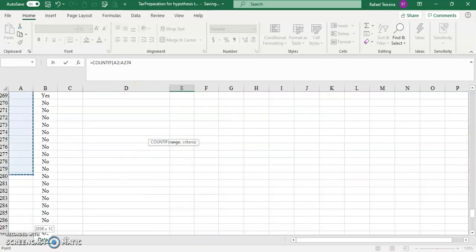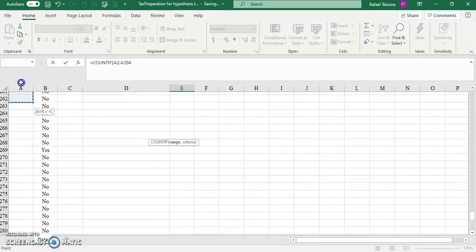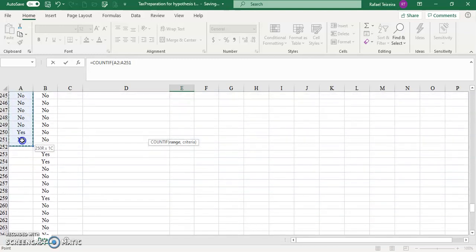I do using the keys on the keypad, but you can do using your mouse. And then you type comma, and then Excel asks what is the criteria. The criteria is open quotation marks. You have to open quotation marks and close quotation marks because that's a word, and you have to tell this to Excel. So if you put quotation marks, Excel understands.